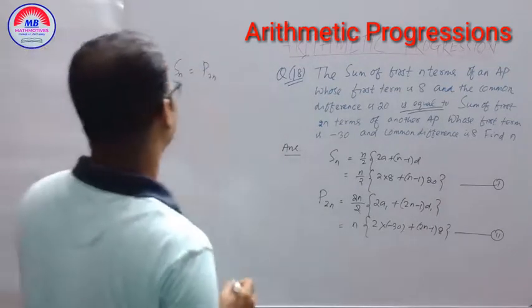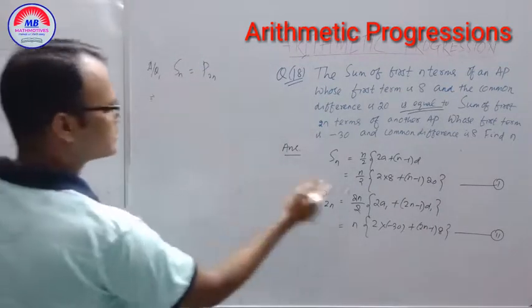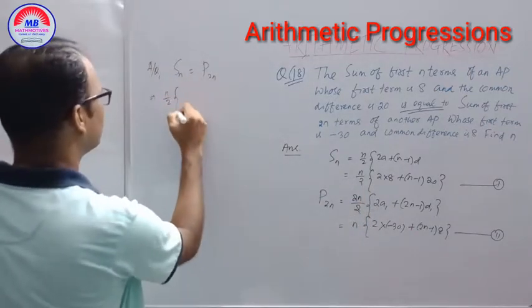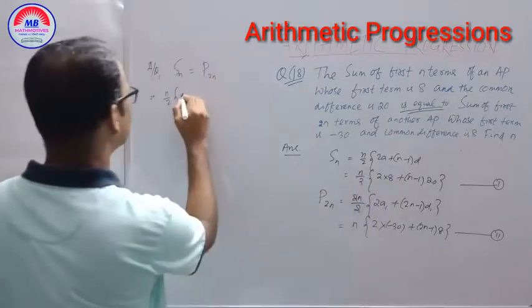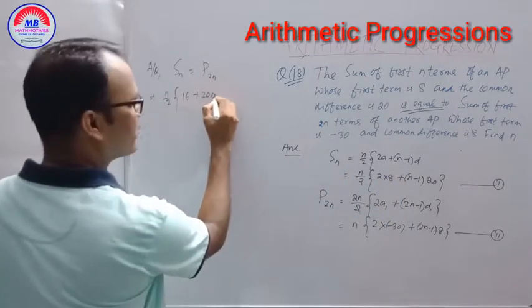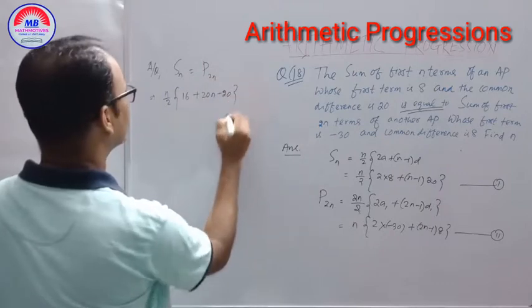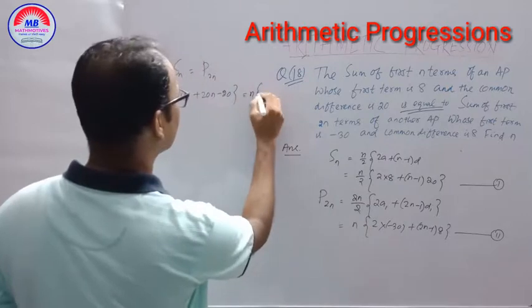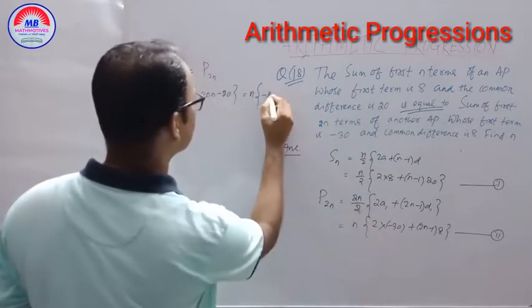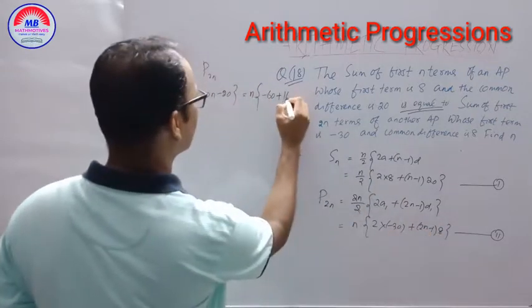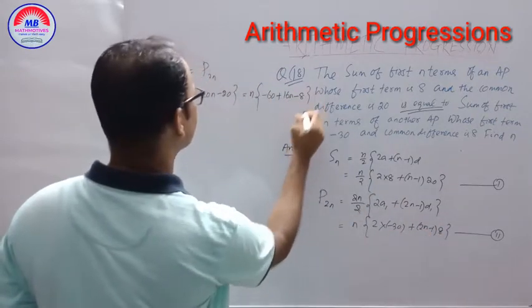So the formula: the first equation is n by 2 into 2 into 8, 16, plus 20n minus 20, is equal to n into 2 into minus 60 plus 16n minus 8.